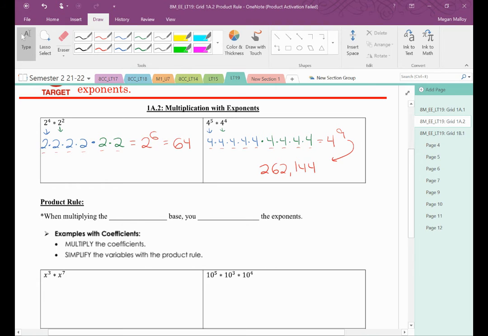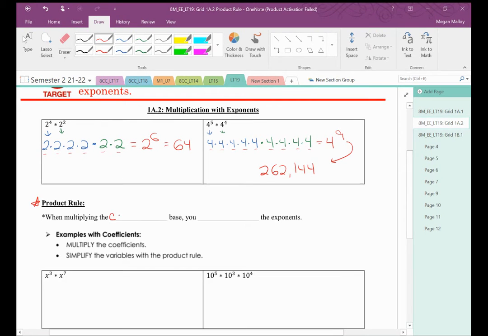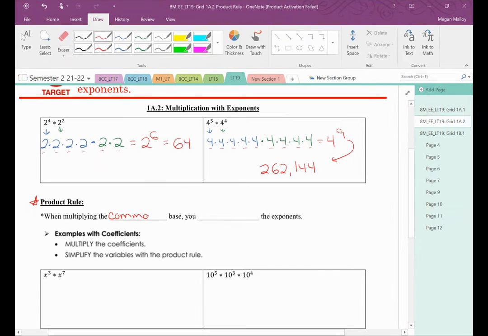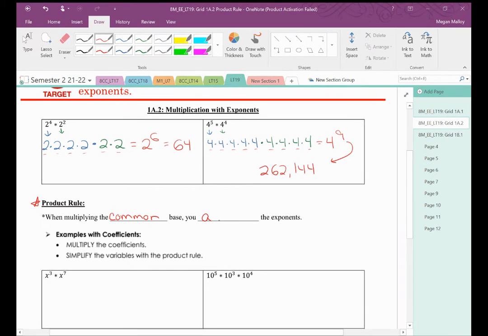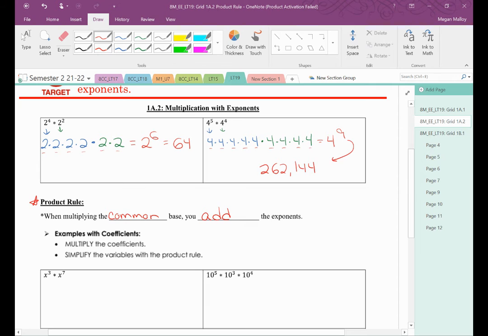So what this expanded form allows us to see is that when we are multiplying common bases, we have what is called the product rule. So when multiplying the common base, you are going to add the exponents.